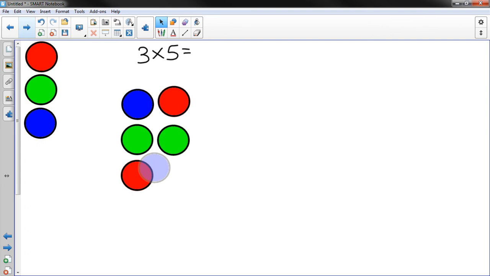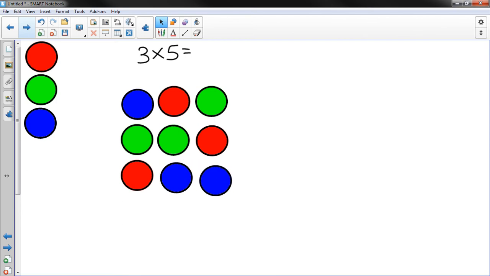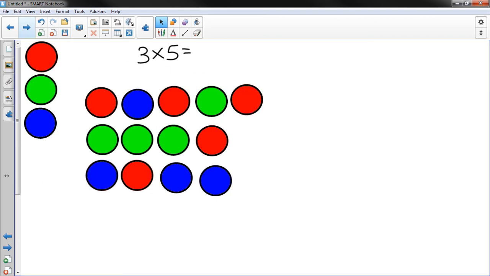So there's 2 columns. There's 3. Let's do 4 and 5. So now I have a visual model of 3 times 5.